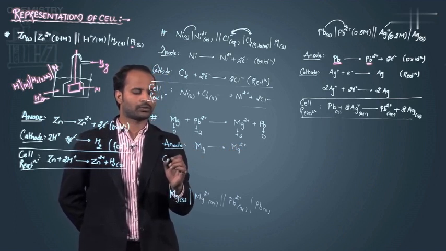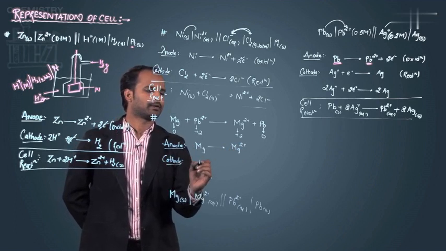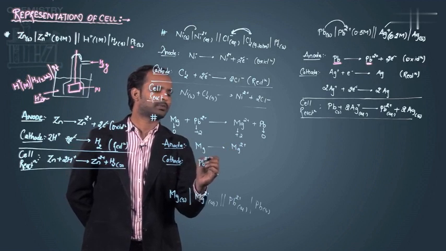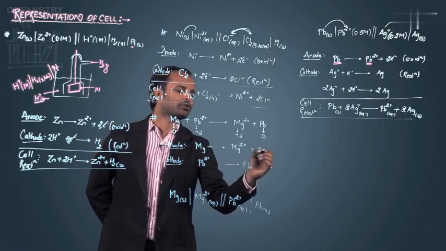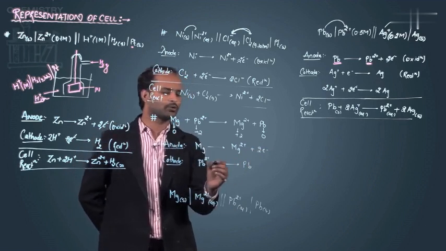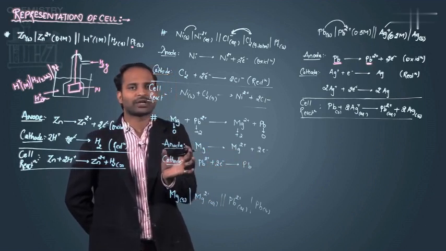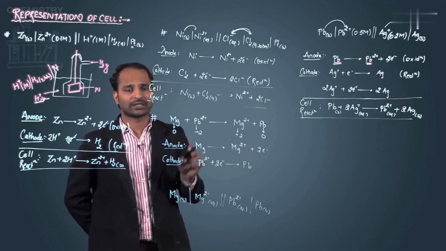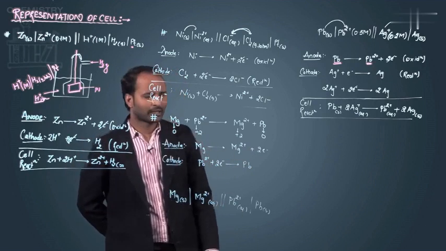So second, cathode, Pb2 plus gives Pb. From this I can say that there is a loss of electron because magnesium is getting converted into Mg2 plus, and Pb2 plus is getting converted into Pb, that is gain of electron. Loss of electron, that's why anode, oxidation. Gain of electron, that is a reduction, that's why it is a cathode. And after that you can write the reaction here.